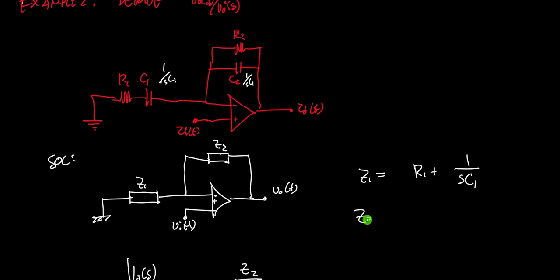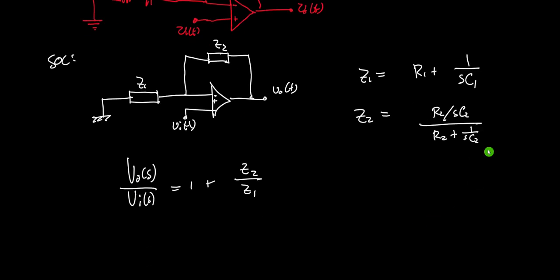And for Z2, this is the parallel combination of the two, so this will be R2 times 1 over S C2 all over the sum R2 plus 1 over S times C2. Then we divide this and solve for the output over input.